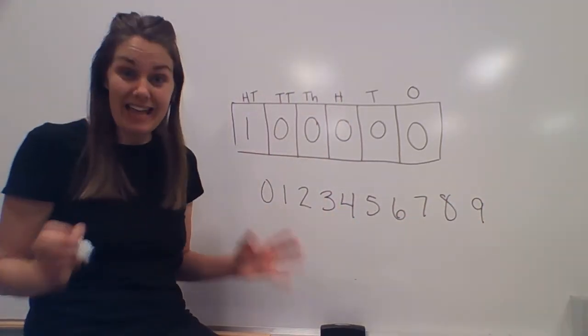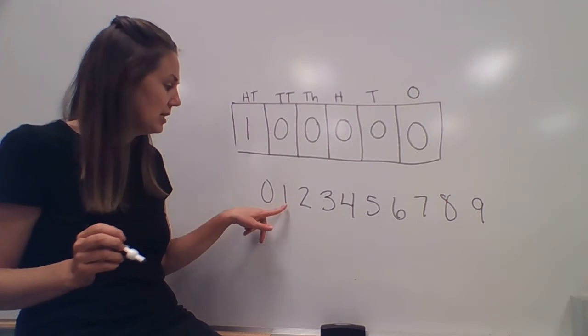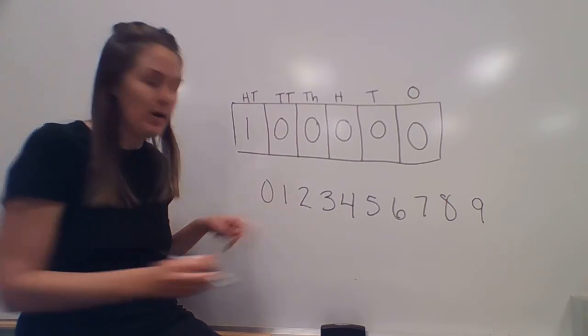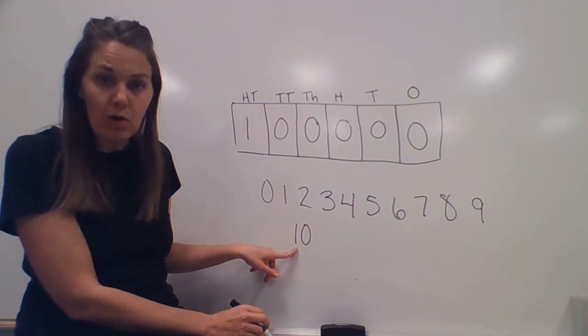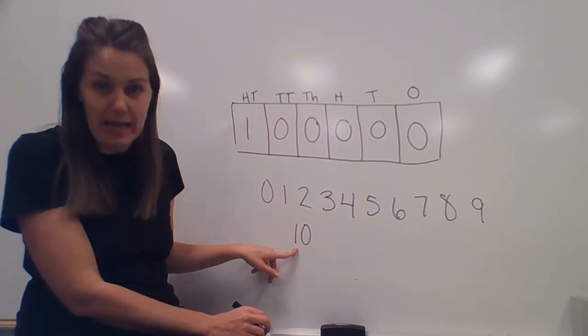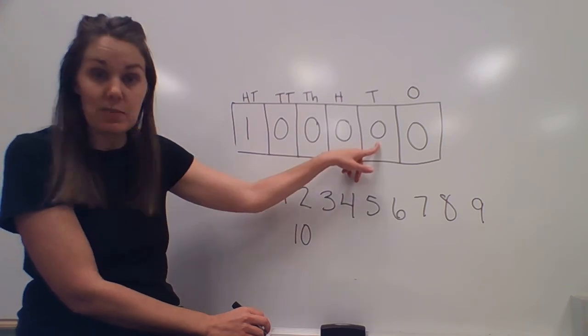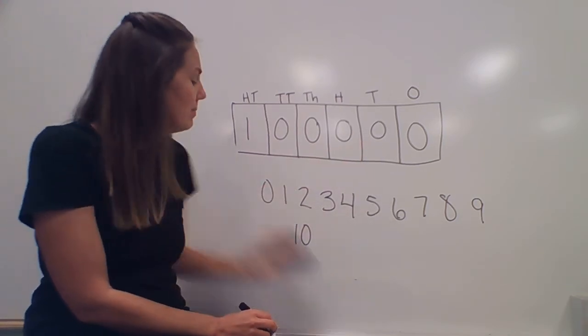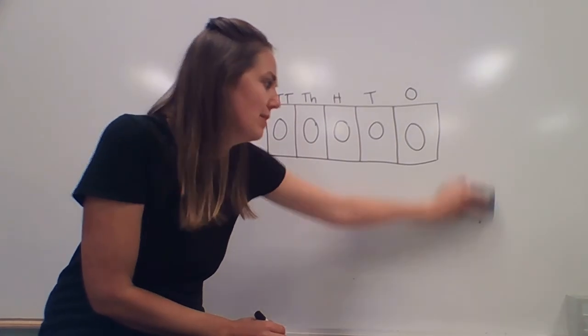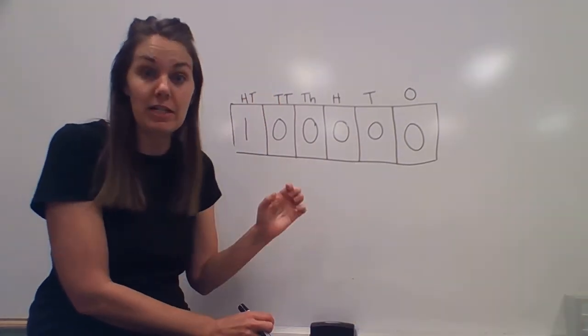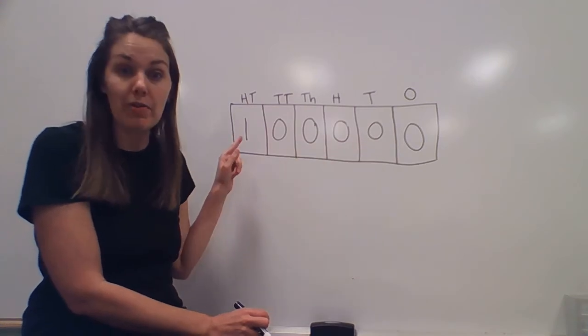Because when we get to 10, we're actually using 1 and 0, right? So we are saying that our 1 has a value of 10 now because it's in the tens place. So when we make larger numbers, those are the digits that we use to create other numbers.